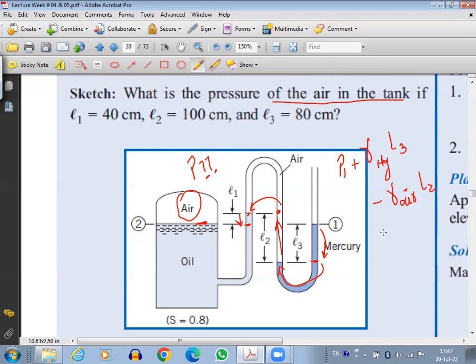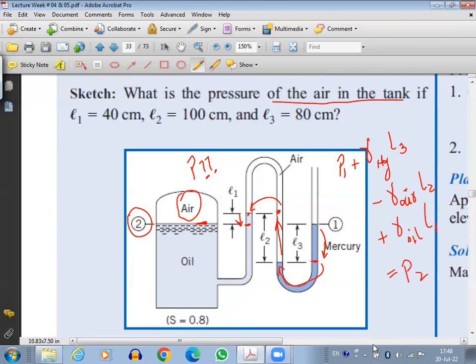So further going down, so plus, when I'm going down, it is now the oil. So gamma of oil into L1. This thing is equals to pressure here. So that's P air, or I will say P2 here, because it's mentioned 2, so P2. Is it clear?